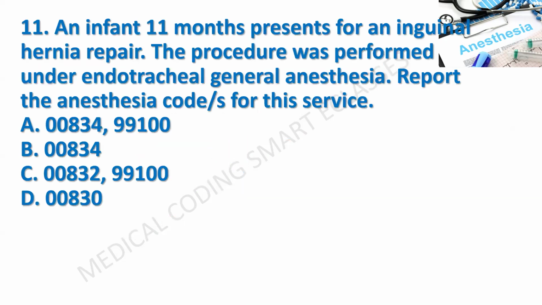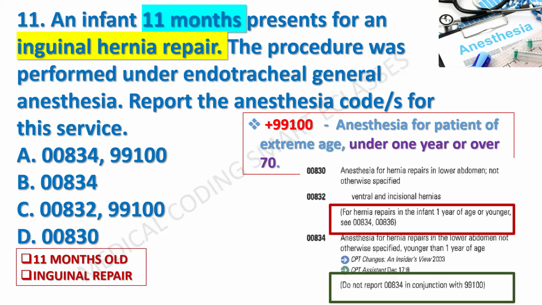An 11-month-old infant presents for an inguinal hernia repair and the procedure was performed under endotracheal general anesthesia. Report the anesthesia code or service. So this is an extreme age, 99100, and we have to go through 00832, 00834, 00830. 00832 is for hernia repair in an infant 1 year of age or younger, 00834 and 00836.